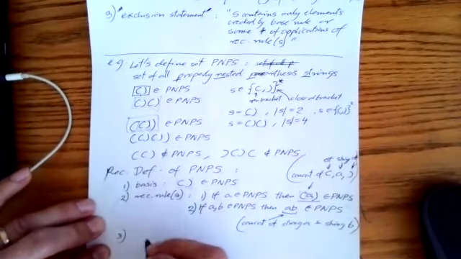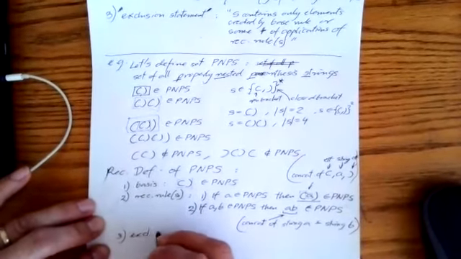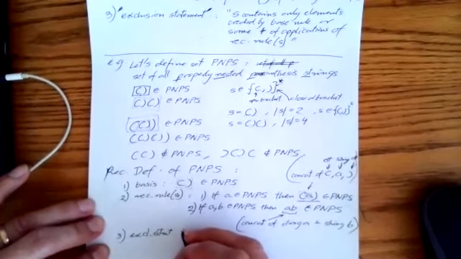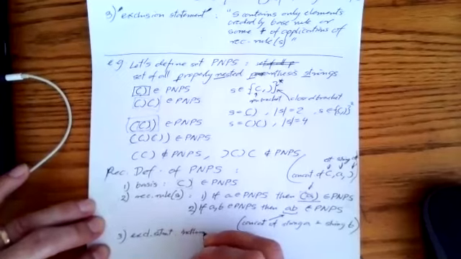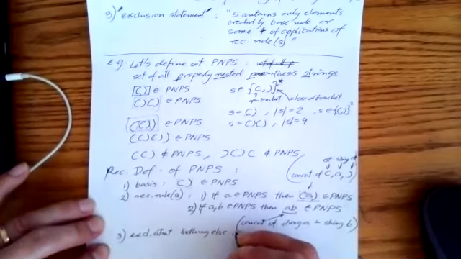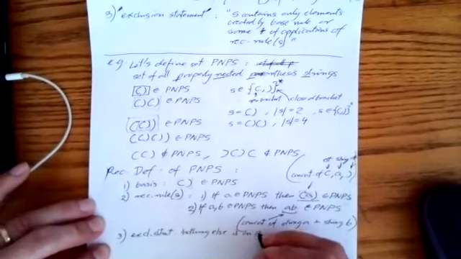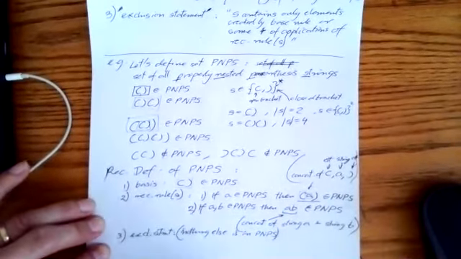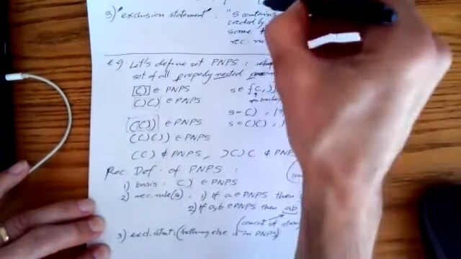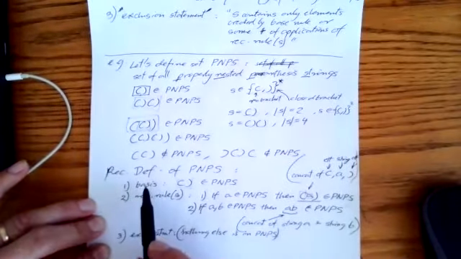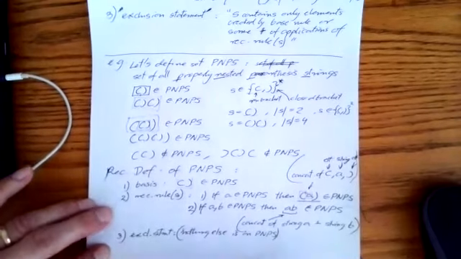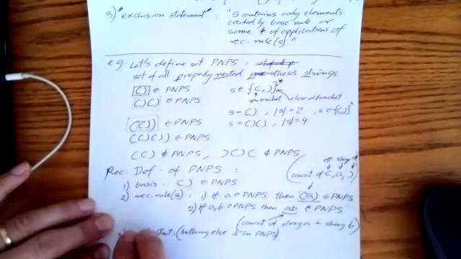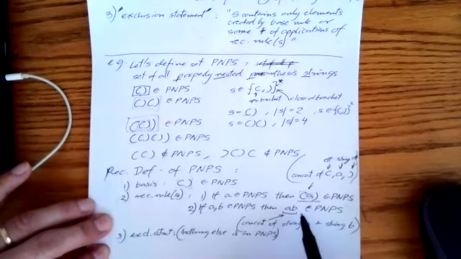And a third thing is this exclusion statement, which says that nothing else is in PNPS. That's what the exclusion statement means. It's always the same, just a copy of this text, regardless of the basis and recursive rules. It just says that these rules are implications.